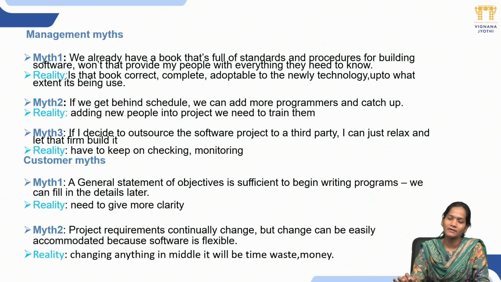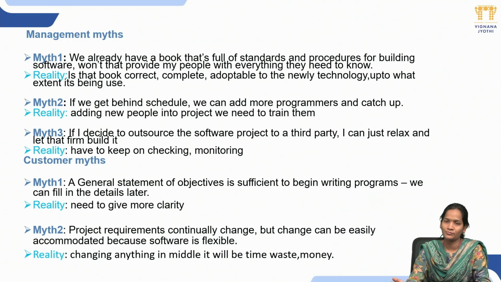See, first myth, what they think is we already have a book, the book that's full of standards and procedures for building software. Won't that provide my people with everything they need to know? See, they feel like we have a book, so everything is written in that book, that is enough for developing the software or product. But what the reality is: is the book correct, complete, adaptable to the new technology, up to what extent it's being used?